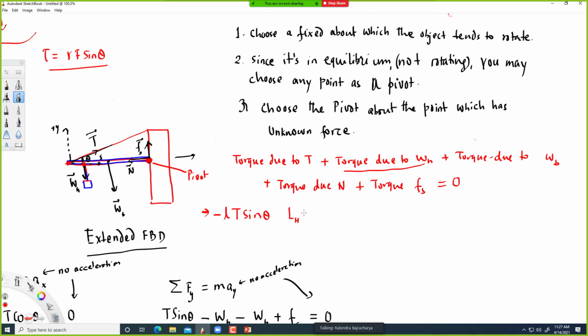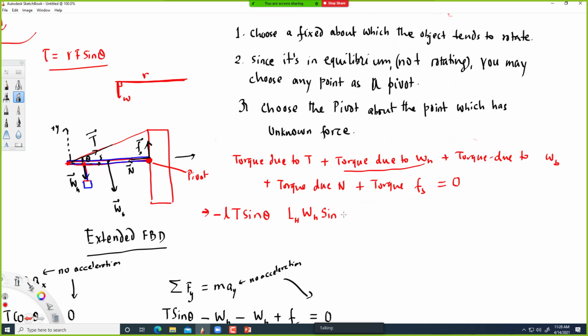And then the force. So force here is WH, and angle between the force and the distance. What's that angle? So this is the rod. This is the weight. That's our distance. So what's the angle between this weight and this distance? 90 degrees.